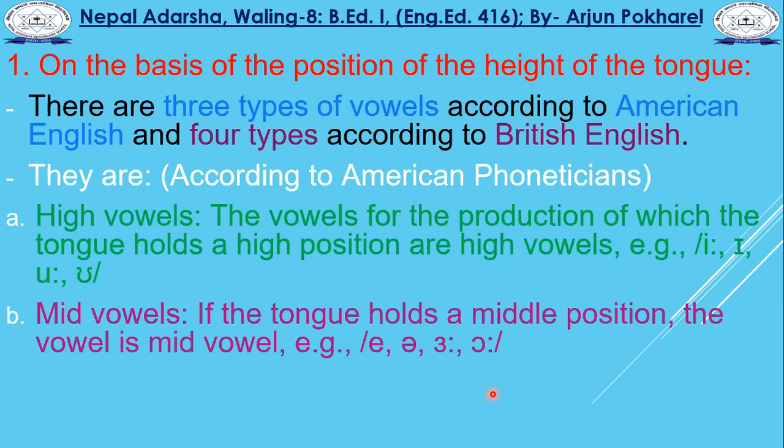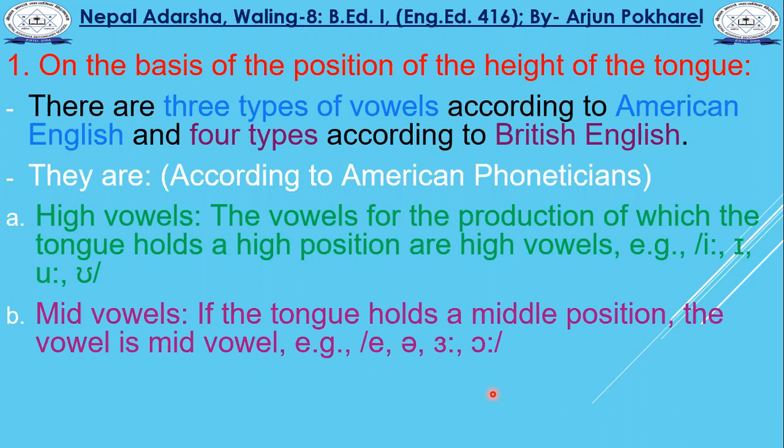Mid vowels. If the tongue holds a middle position, that is a very simple, superficial definition. There is no other way to describe the mid vowels. If the tongue holds a middle position, the vowel is a mid vowel, no high, no low.